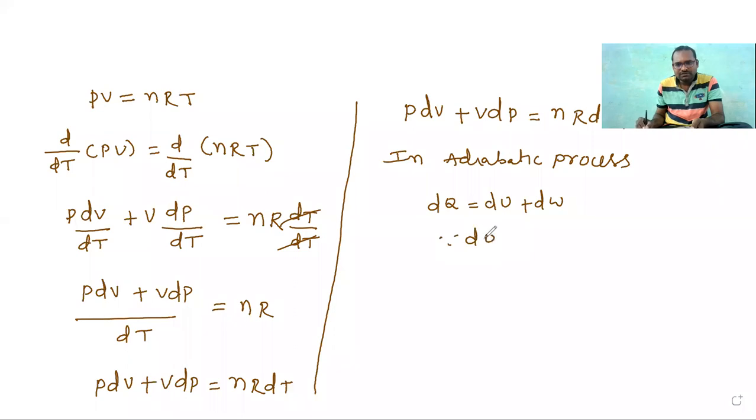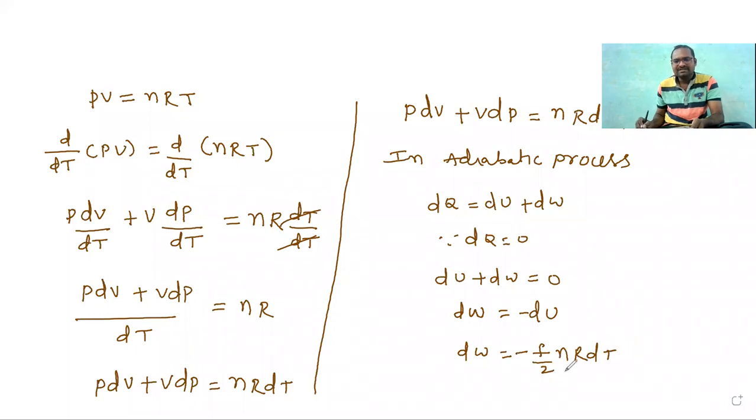Since dQ is equal to 0, you will get dU plus dW is equal to 0, which means dW is equal to minus dU. But what is dU? Just now we have discussed: dU is f by 2 nR dT.